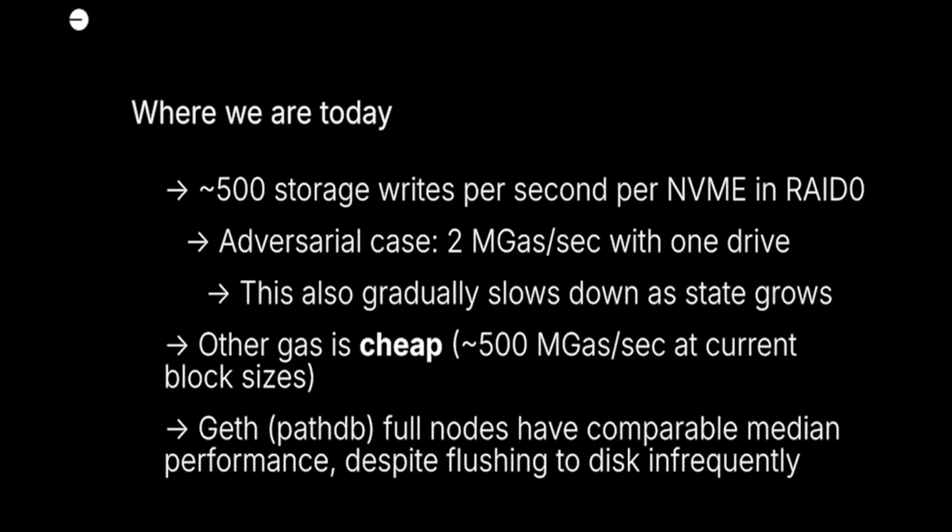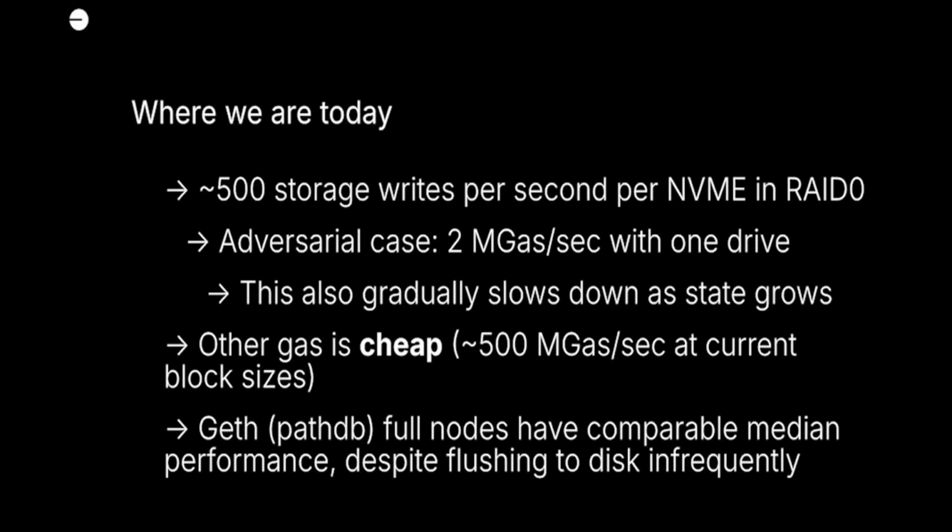But the good news here is that all other gas is super cheap, on Reth specifically. We're seeing somewhere on the order of 500 megagas a second at current block sizes. And we know there are a lot of things being done to get that even faster.